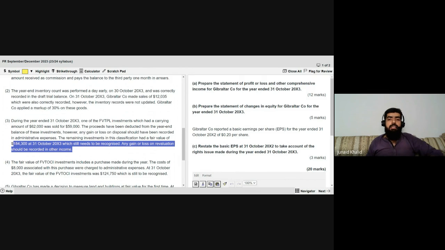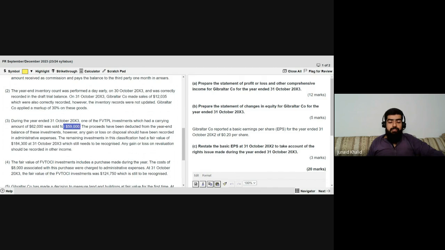Now, here in this case, there's an investment measured at fair value through P&L, and one of the investments has been disposed of for $59,000. That is the sales proceeds, and the value of the investment was 62,000. On such disposal, the proceeds have been deducted from the year-end balance of the investment, which means $59,000 has been removed from the investment.